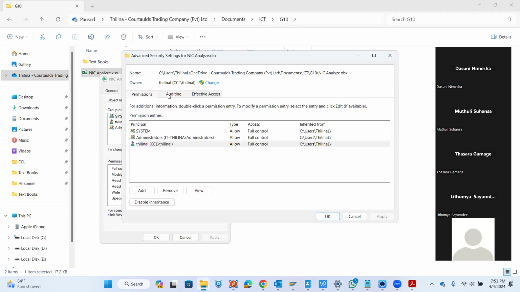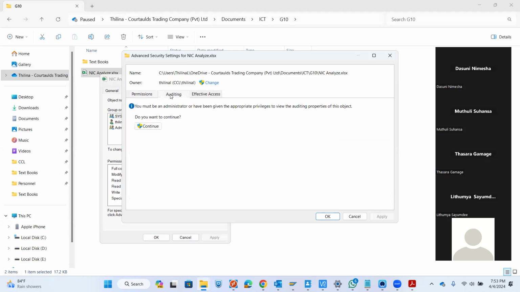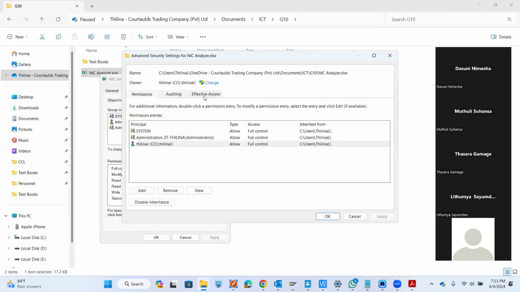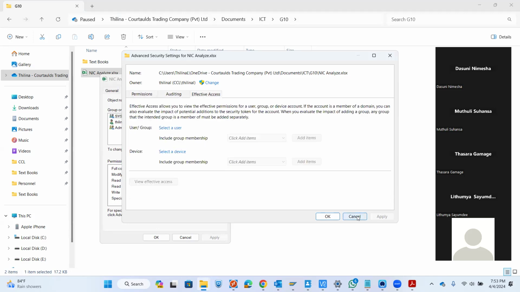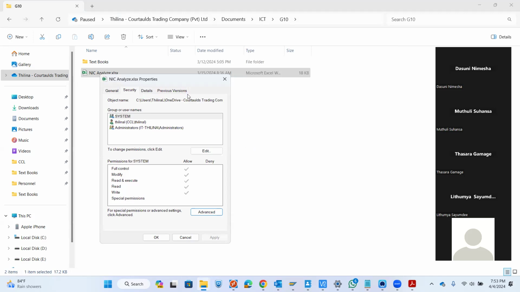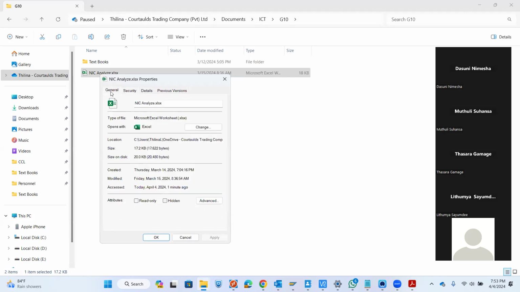I can even enable auditing, to see who has done what. There are so many features you can control, but for the moment you should understand the general tab: the size of the file, extension, location where it is saved, created, modified, accessed, and hidden and read-only attributes. That's more than enough for the moment.